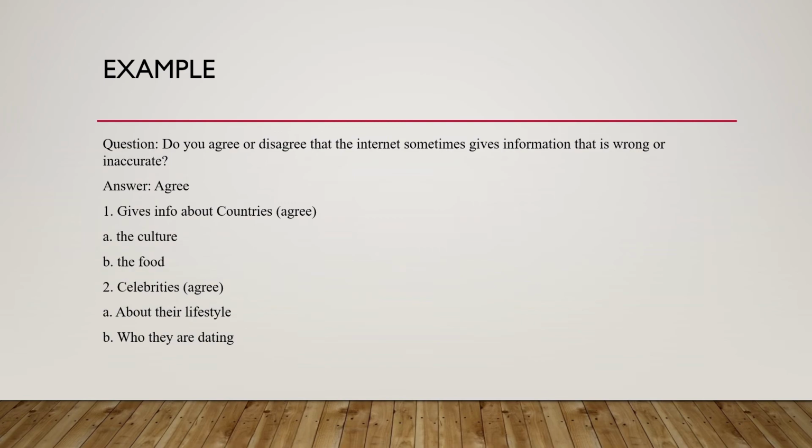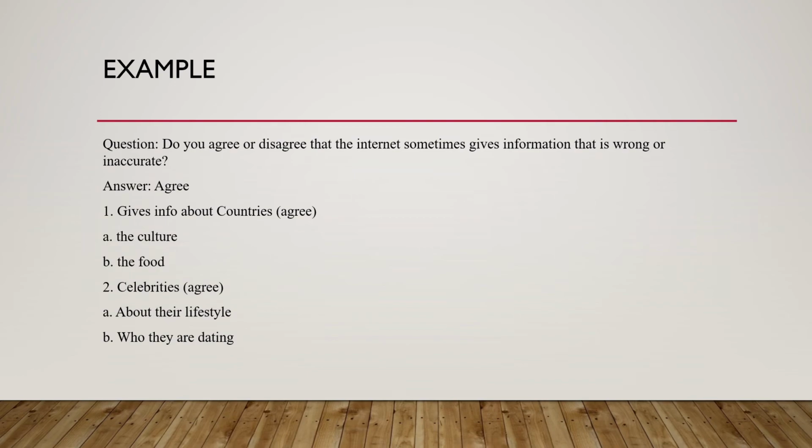In this manner I will be able to distinguish into 5 meaningful paragraphs, and I will be able to give a pleasant reading to the examiner. In the third I am going to discuss the subdivisions of culture and food. And in the fourth paragraph I'm going to discuss the celebrities, their lifestyle, and who they are dating.